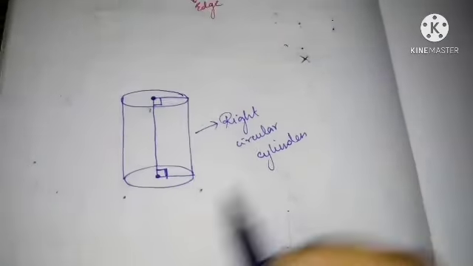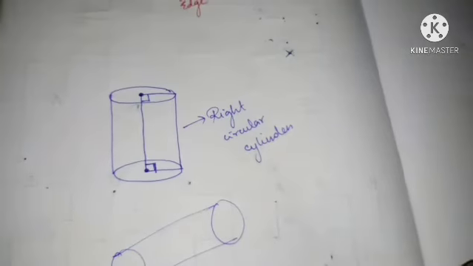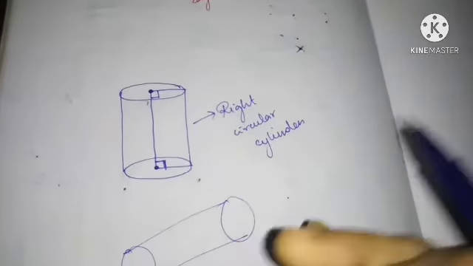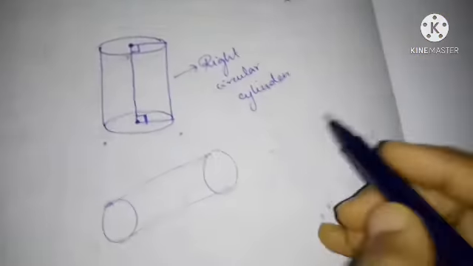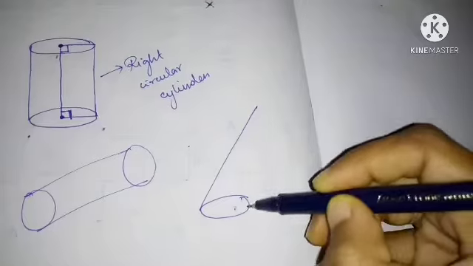Some cylinders will be there that we cannot accurately say sometimes like this. This is also one cylinder, but to the base it is not forming a 90 degree. Sometimes we cannot directly say that it is a right circular cylinder. Sometimes in the book itself they have given one example.